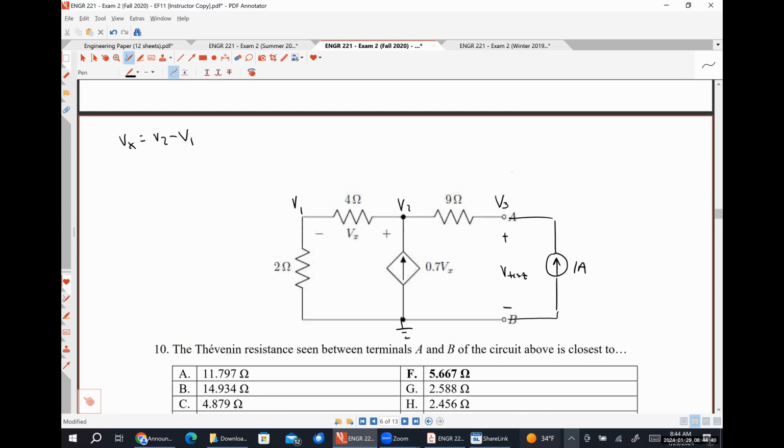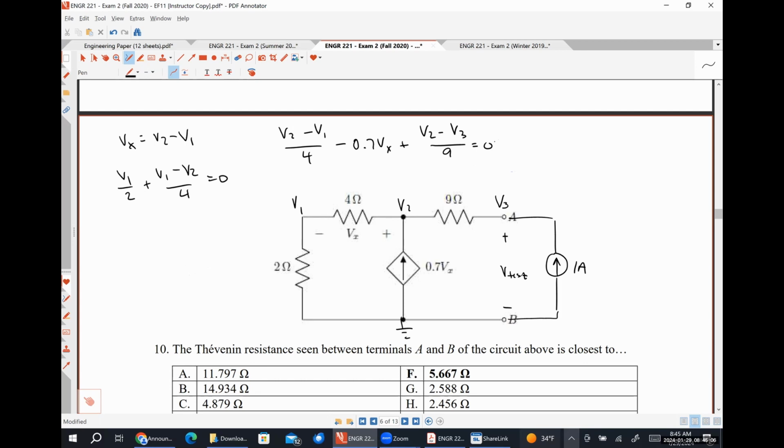And then we would have KCL at node 1. So that's going to look like V1 over 2 plus V1 minus V2 over 4 is equal to 0. KCL at V2 is going to look like V2 minus V1 over 4 minus 0.7 Vx plus V2 minus V3 over 9.